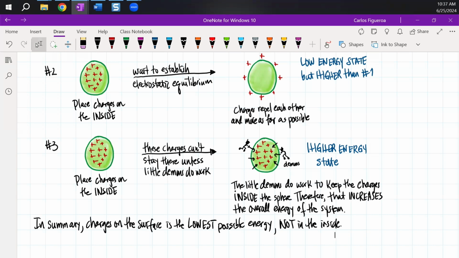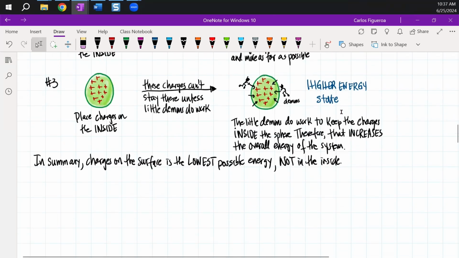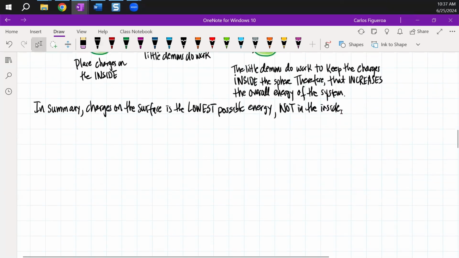Okay, so now I want to look at another property, which I think is a fascinating property. And this is property number 3.